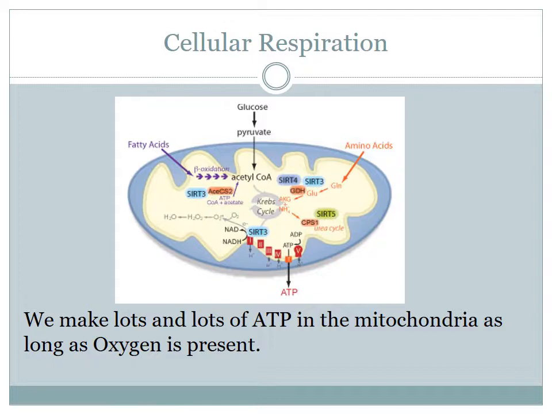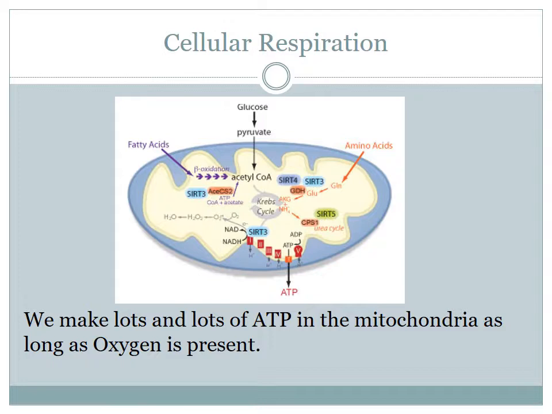What's the work those electrons do? They push hydrogen into the intermembrane space. And they jump from one molecule to the next in an electron transport chain and push more hydrogen across. And they push more hydrogen across. So what are we building up in this intermembrane space? An electrochemical gradient.